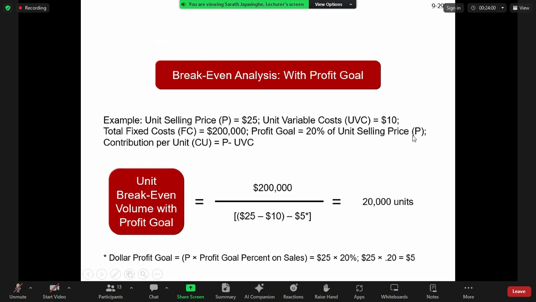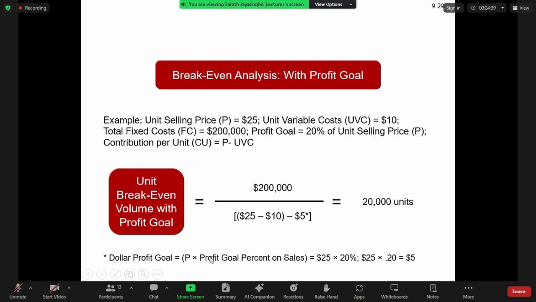You can see unit selling price and profit goal, 20% of the unit selling price, right? Then contribution per unit minus that's as usual. Then 200,000 fixed cost. Then you can see $25, that is unit selling price, minus 10, that is variable cost, minus again $5. So $5 you can see is this is the unit selling price, 20% of this one.